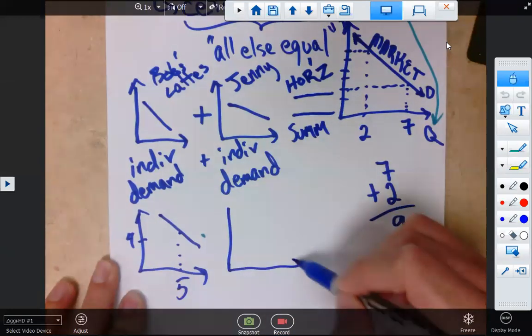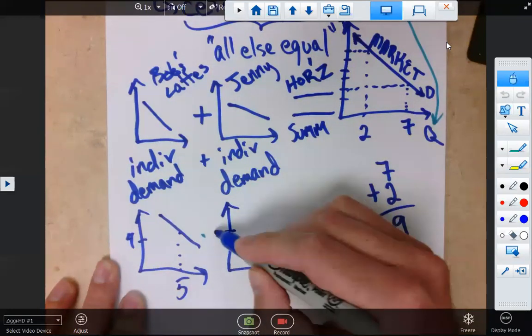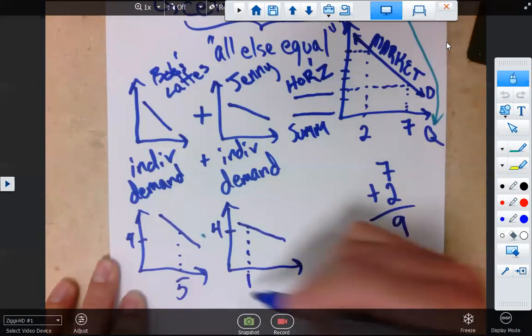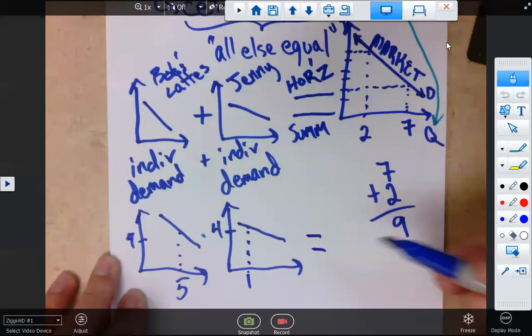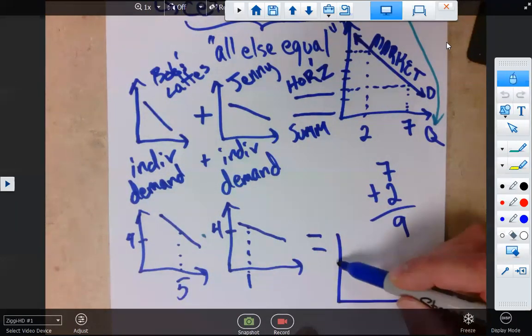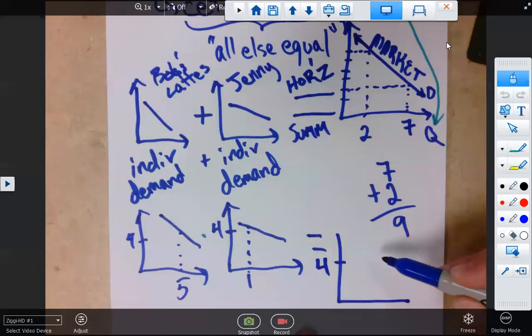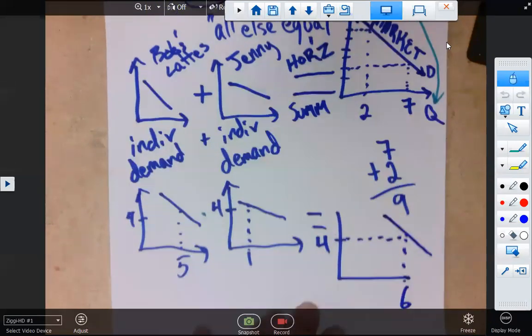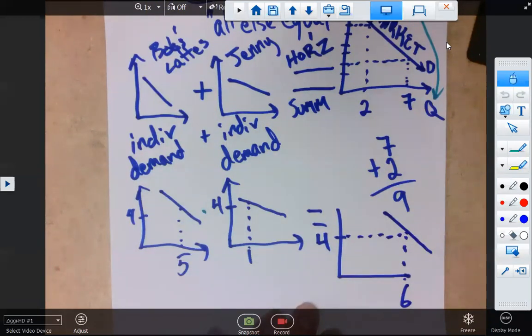At the market price of $4 again, Jenny's going to have 1 latte a week. So what is our market demand at $4? It would be 6, right? Does that make sense to everybody? That's called a horizontal summation.